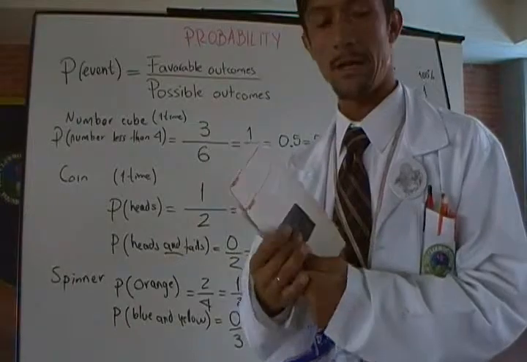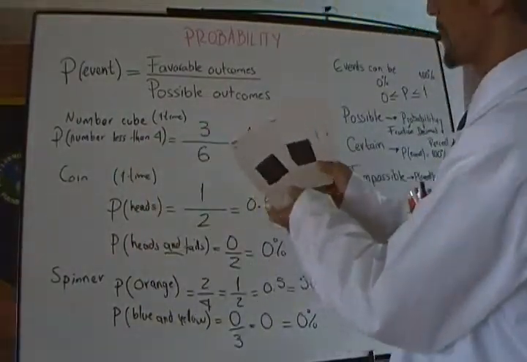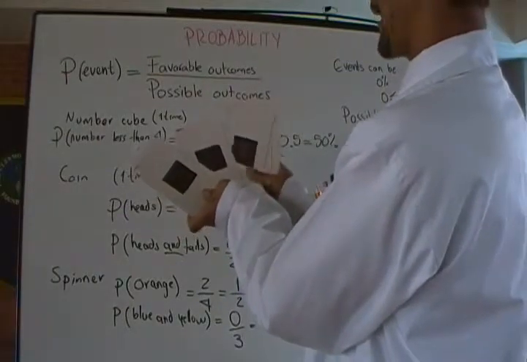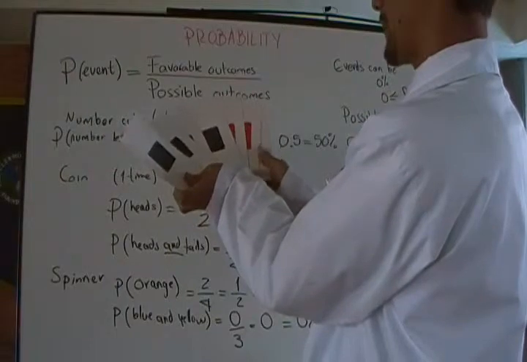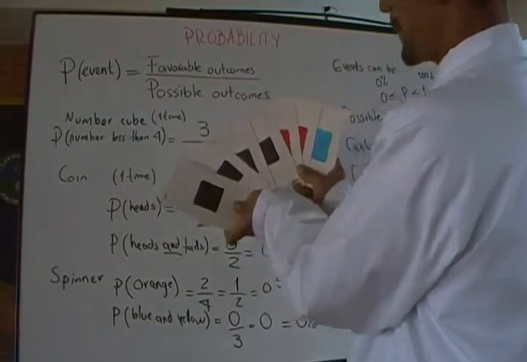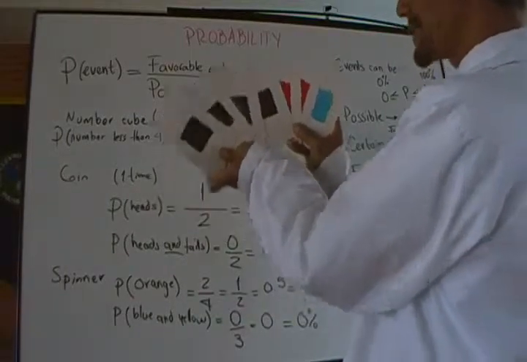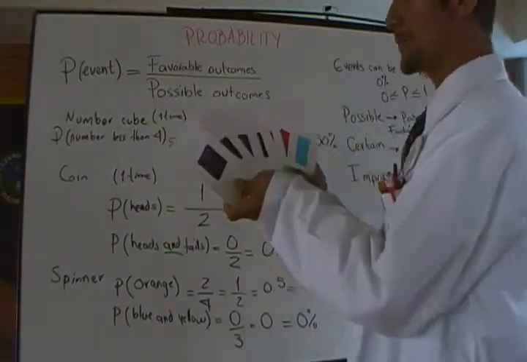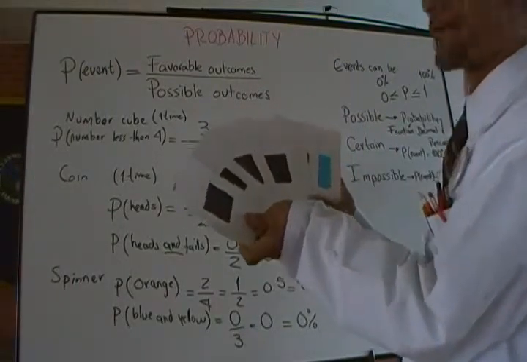and 1 B. If I want to do the same experiment, but this time with colors, I have black, black, black, black, and here I have 2 that are red and 1 that is blue. So if I ask you, for example, what's the probability as a fraction to get black, out of the 7 possible outcomes, 4 are favorable. So I would express that as 4 out of 7.